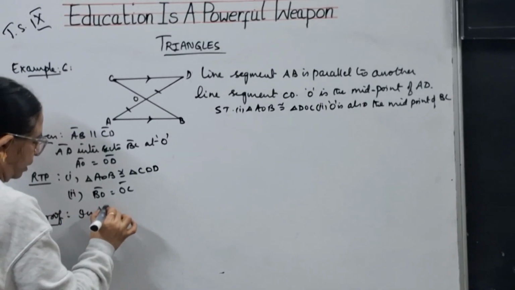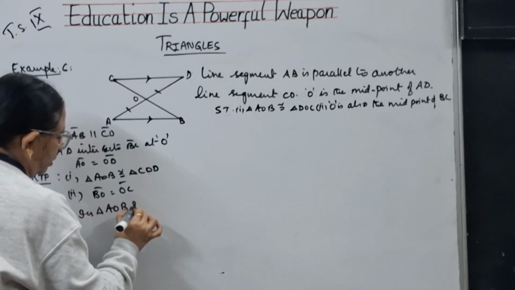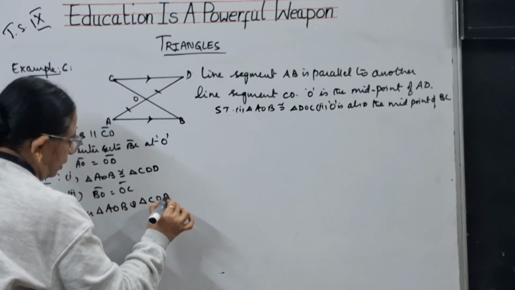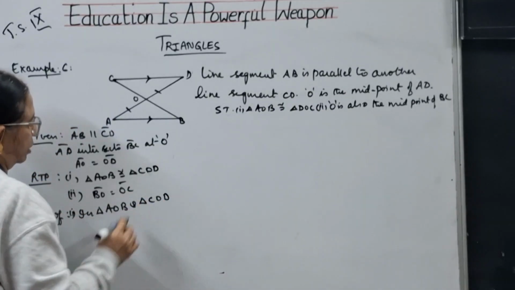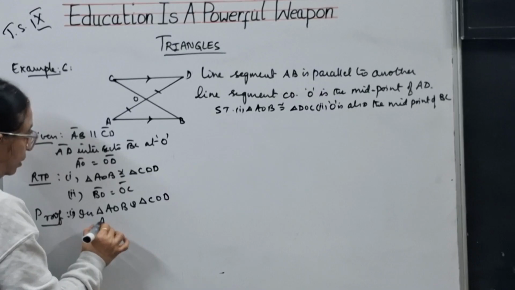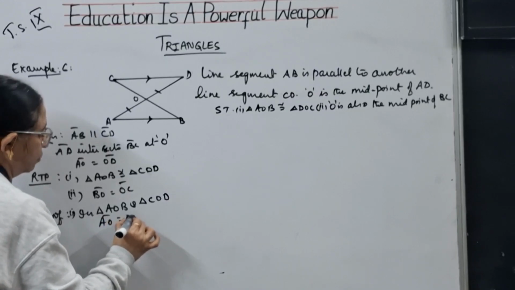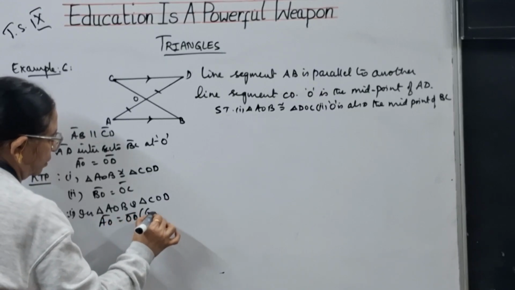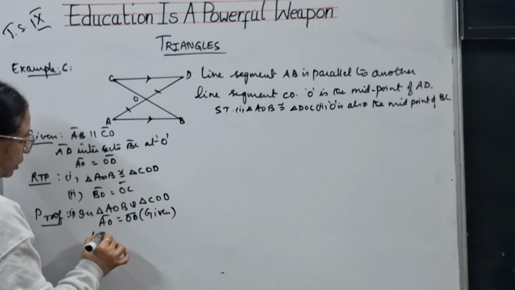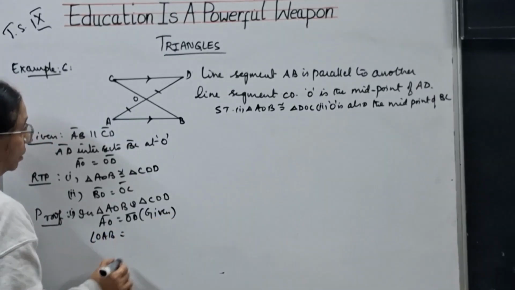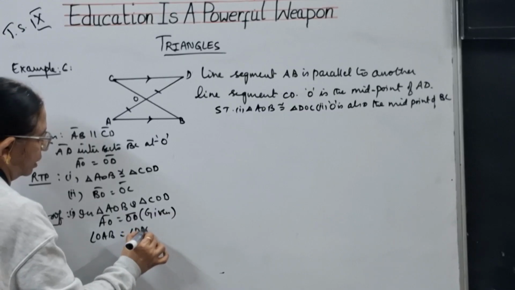In triangle AOB and triangle COD, first proof I am doing. In triangle AOB and triangle COD, AO is equal to OD. This is given to us. And angle OAB is equal to angle ODC.